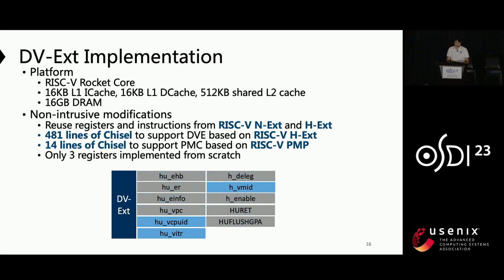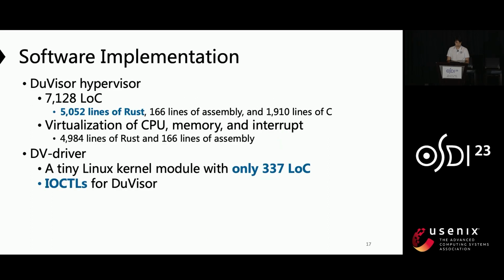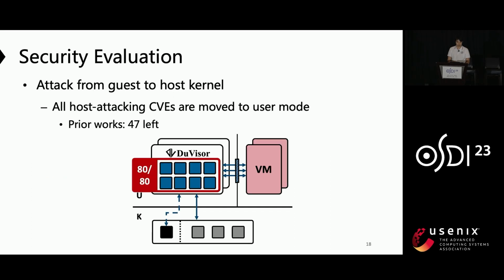Actually, only 3 registers need to be built from scratch, and the DV extension only takes about 500 lines of Chisel. Divisor consists of about 7,000 lines of code, including about 5,000 for Rust and 2,000 for C and assembly. A tiny kernel module works as the DV driver, and it only has 337 lines of code.